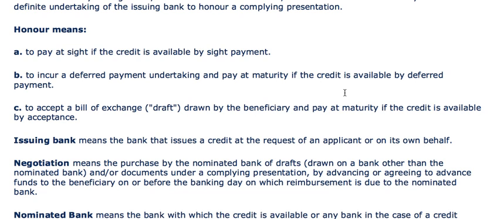Even if the issuing bank is importing something for itself, it will be issuing the letter of credit on its own behalf. Otherwise, it issues always at the request of the applicant. So applicant is a person who wants to import something. He goes to his bank and tells the terms and conditions, and after completion of certain formalities, the issuing bank issues the letter of credit.